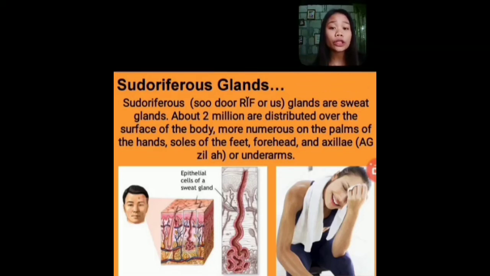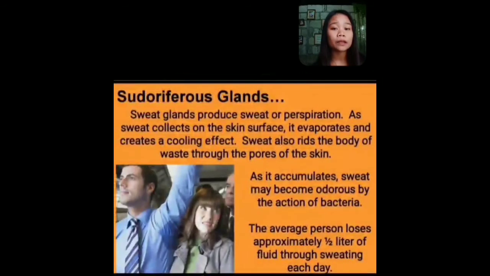About 2 million are distributed over the surface of the body, more numerous on the palms of the hands, soles of the feet, forehead, and axillae or underarms. Then, sudoriferous glands, the sweat glands, produce sweat or perspiration.